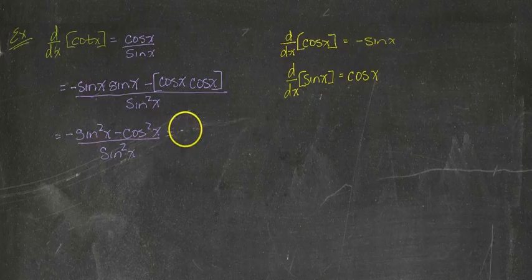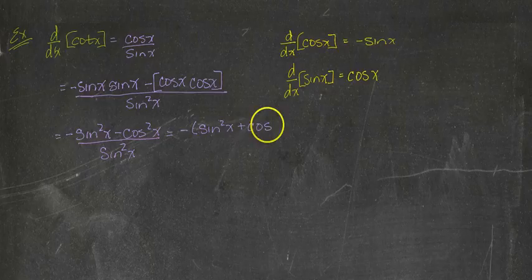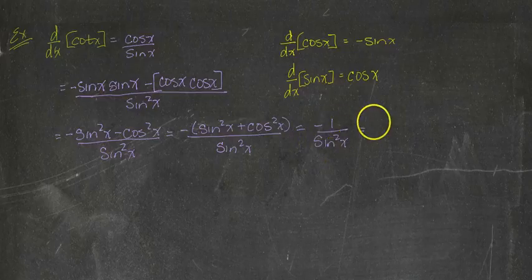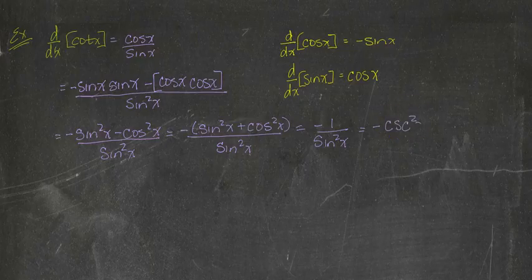Simplify further, if I pull out a negative, then I have sine squared x plus cos squared x in the numerator over sine squared x, which is just negative 1, using a trig identity, over sine squared x. But this is really just negative cosecant squared of x.